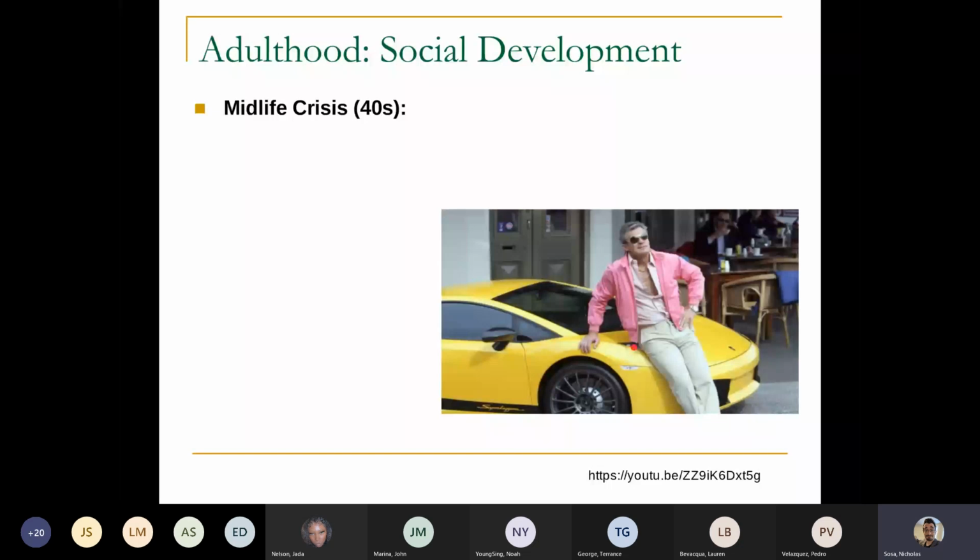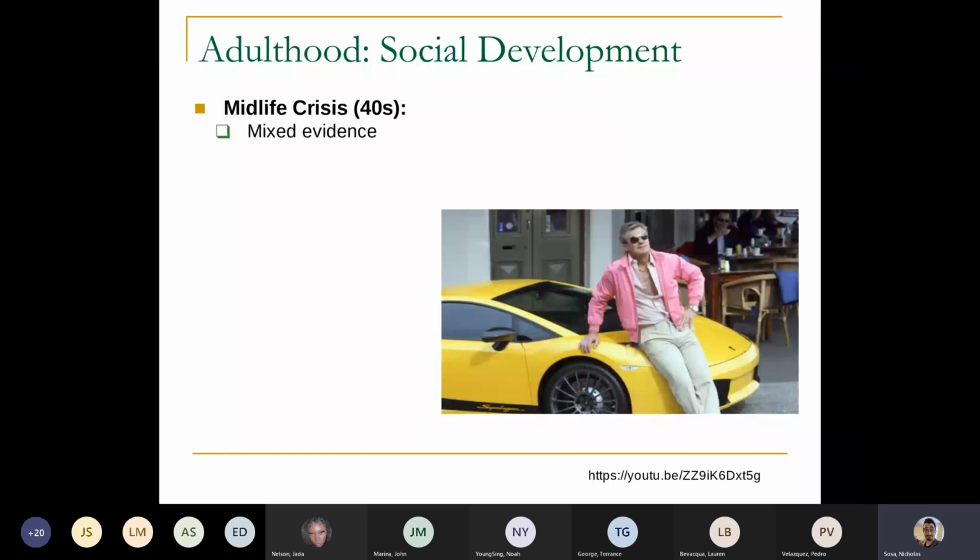But it turns out that we have somewhat of mixed evidence for the midlife crisis. Okay. And if it exists at all, it's less likely to occur for older adults naturally getting older and is more likely to occur for significant changes in their lives. So we're talking about a death of a loved one or going through a divorce, right?